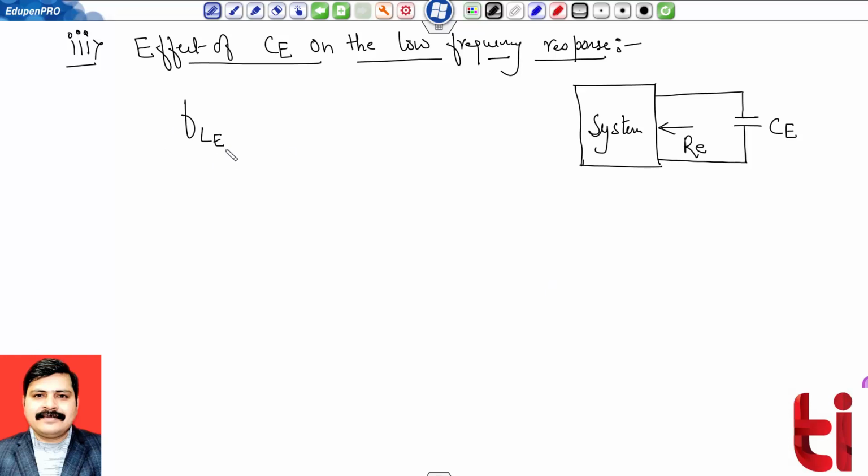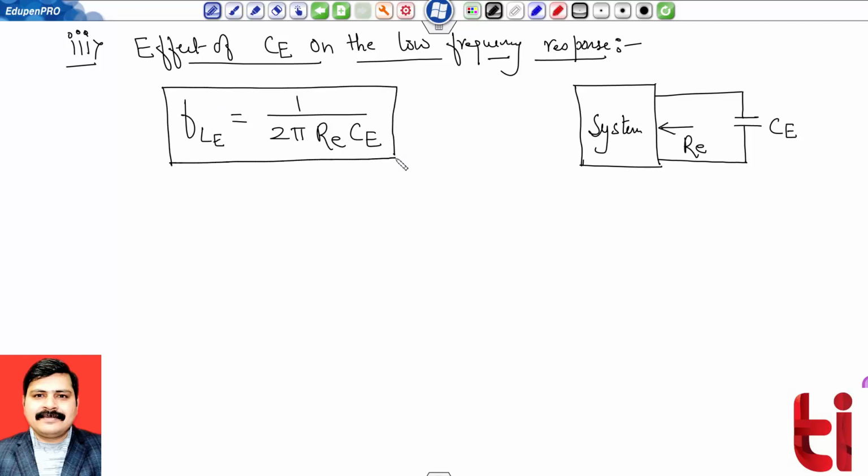I am representing it with notation E, which represents the use of the emitter bypass capacitance Ce. It will be termed as the frequency 1 upon 2 pi Re, the resistance measured at the output of the system, multiplied by Ce. Now the only part is to determine the value of this Re.